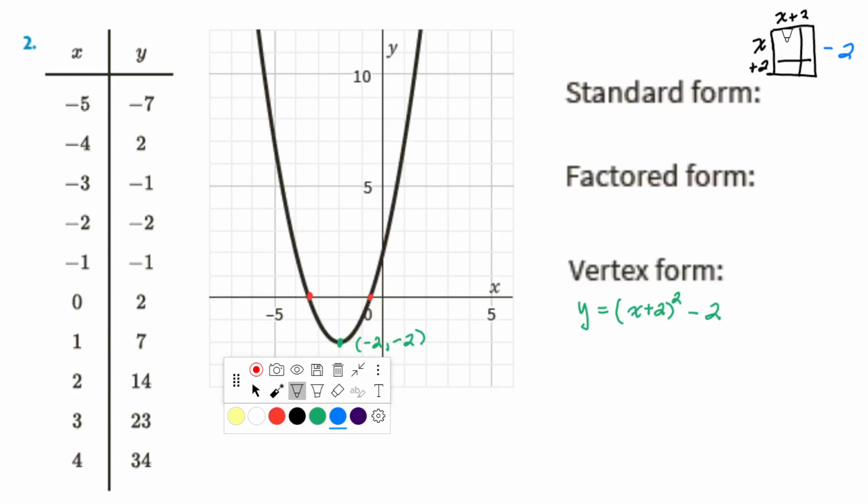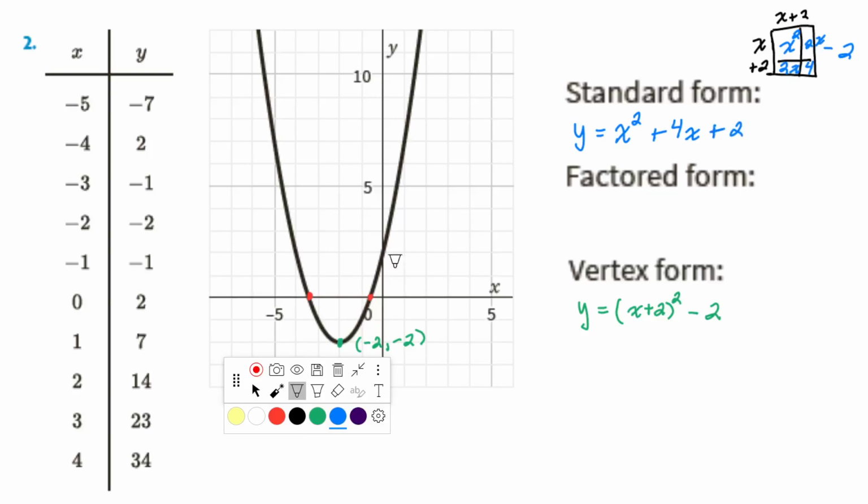So when I fill in my area model, x times x is x squared, x times 2 is 2x, 2 times x is also 2x, and 2 times 2 is 4. So my standard form is y equals x squared, 2x plus 2x is 4x, and then we have 4 units, subtract these 2. So 4 subtract 2 is a plus 2.